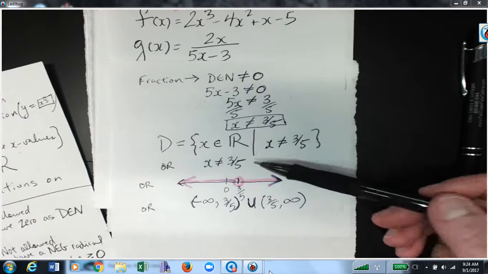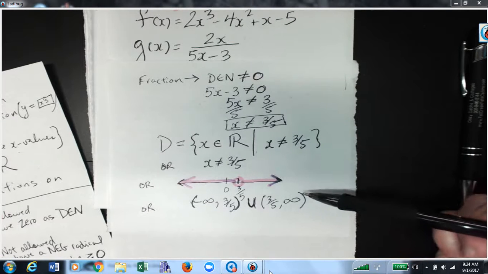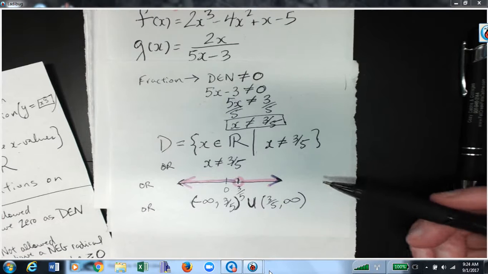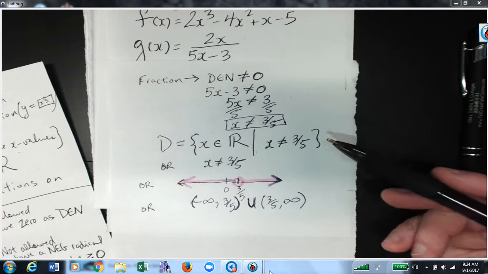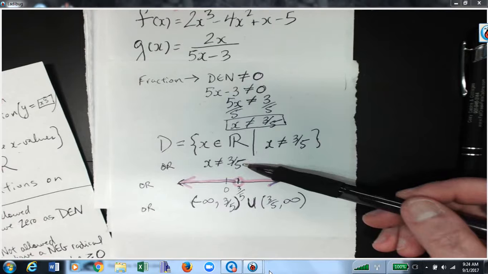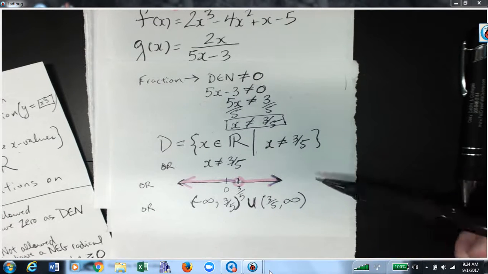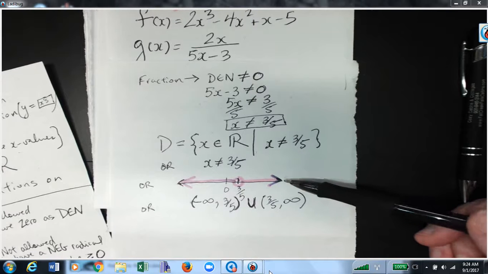So all of these are correct representations of the domain. The most common representations you will see will be either set form, either one of those, or interval form.